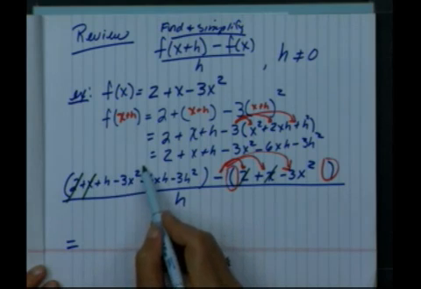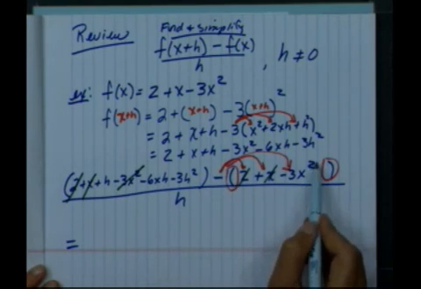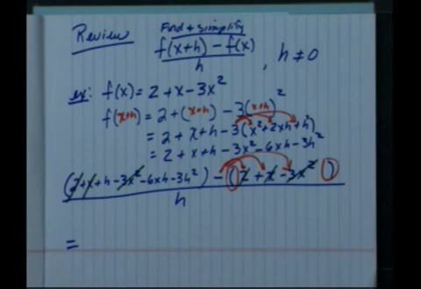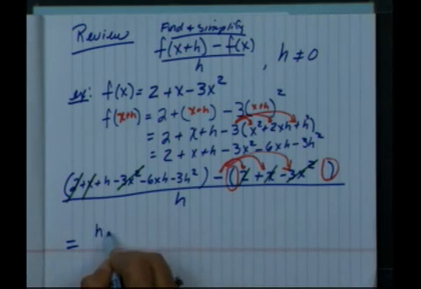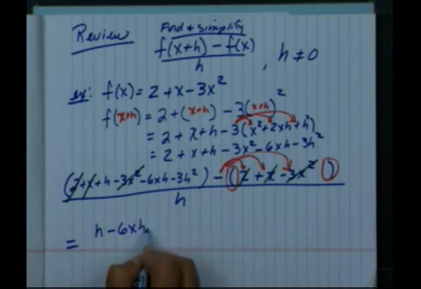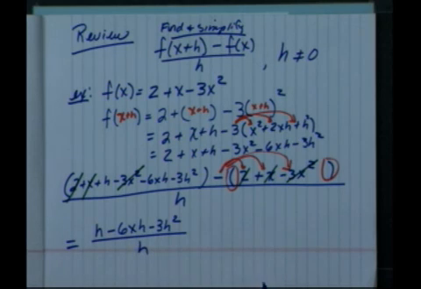A negative 3x squared and now a plus 3x squared cancels out. Are there any questions on what I did at that step? Anybody? Everybody with me? Okay, so now we're left with h minus 6xh minus 3h squared over h.